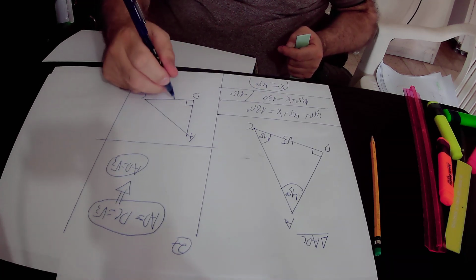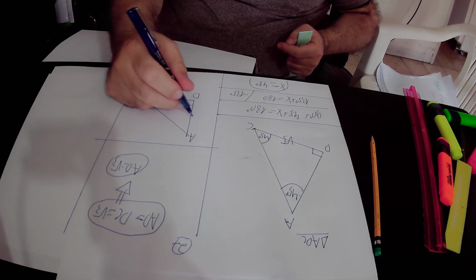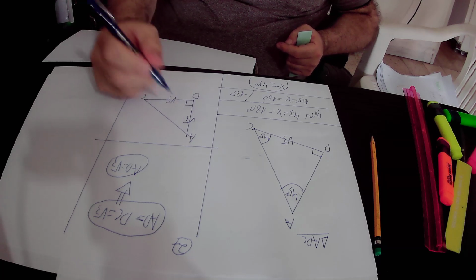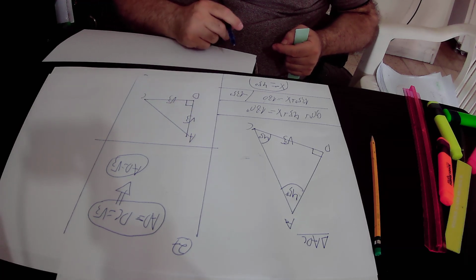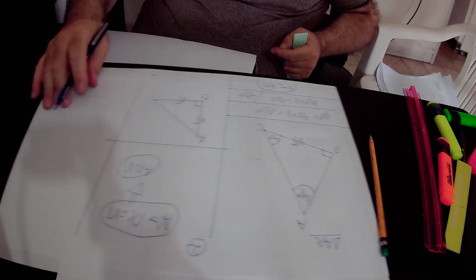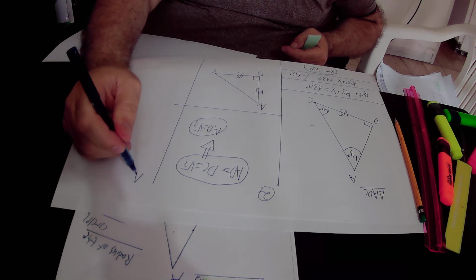DC equals square root of 3 units. We just found out that AD equals square root of 3 units. And the only missing side is AC.